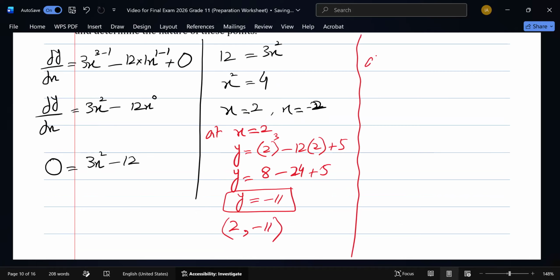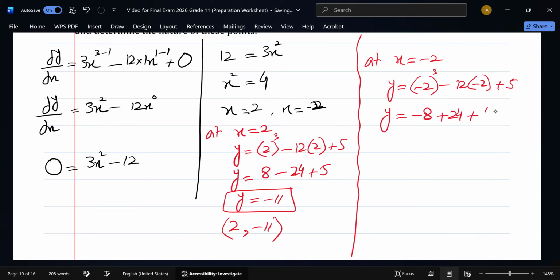Now we take the next point, which is x equals minus 2, substituting in the original equation. So the second coordinate of the stationary point is (minus 2, 21).